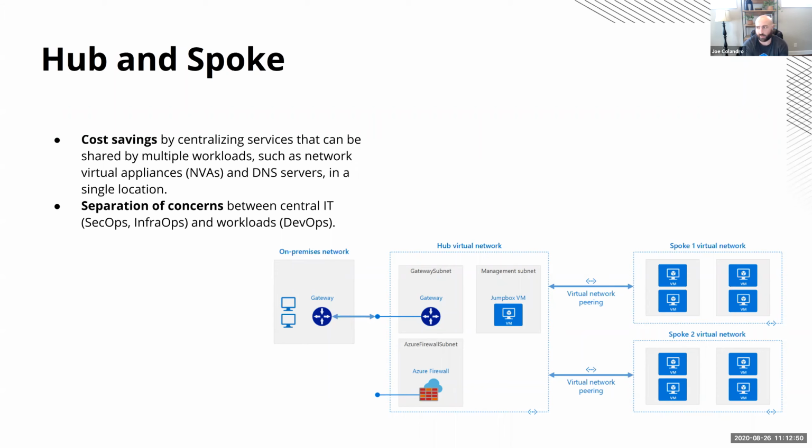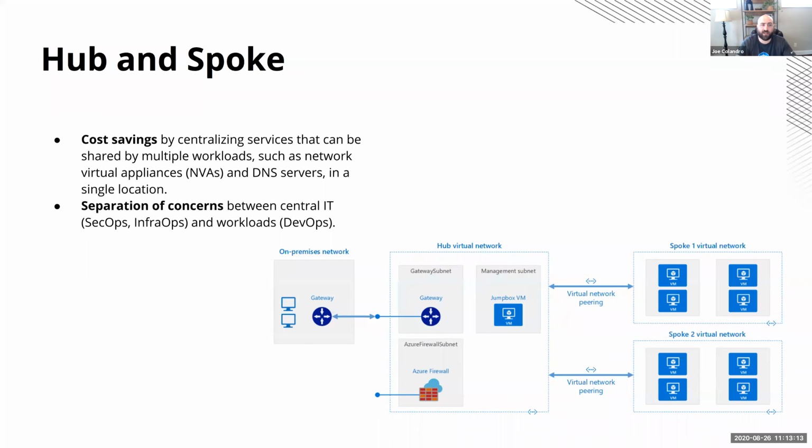This has a couple of key uses. The first is, you have a traditional network segment approach where you might have a special segment for a DMZ or a specific application or an environment, right? You've got a dev spoke and a test spoke.